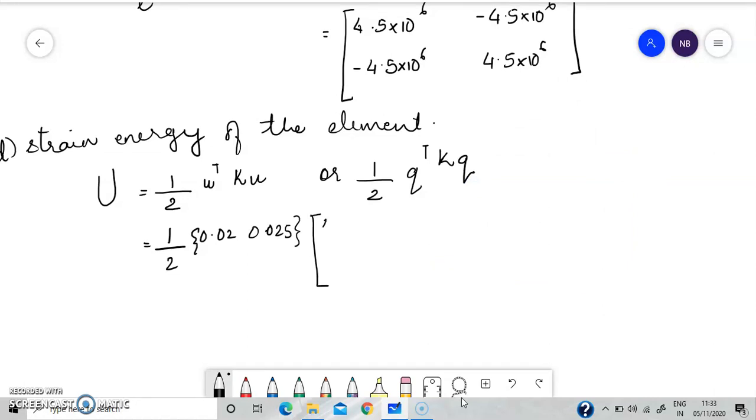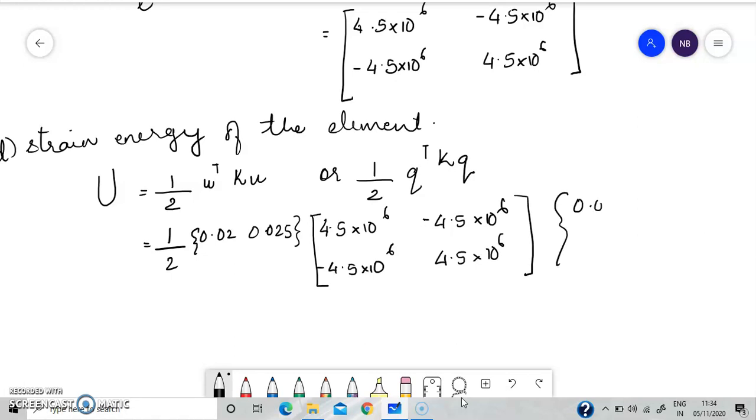K we have just found out, it's 4.5 into 10 to the power 6. It's a symmetric matrix, 2 by 2 in size. And Q is 0.02, 0.025.